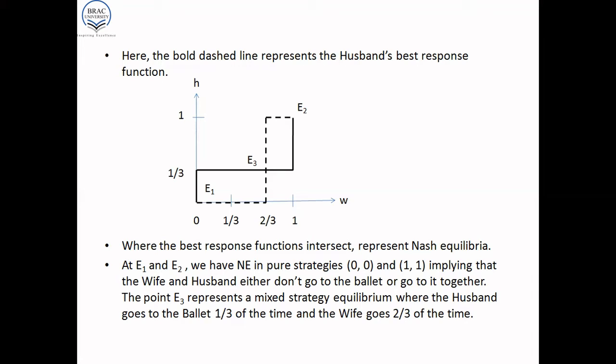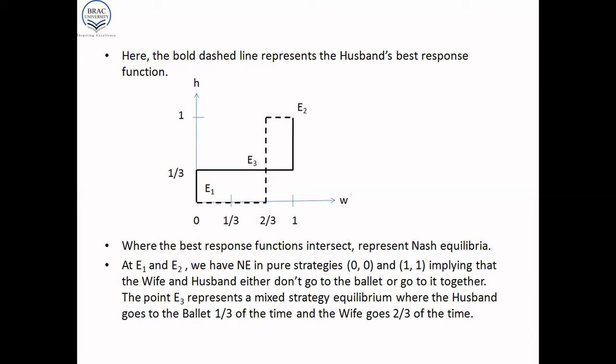So if both the husband and the wife go to the boxing match, that represents a Nash equilibrium in pure strategies. If you remember, when we figured out the Nash equilibrium in pure strategies, boxing was a pure strategy Nash equilibrium. At E2, both H and W are equal to 1, so both husband and wife end up at the ballet. That too represents a Nash equilibrium in pure strategies.